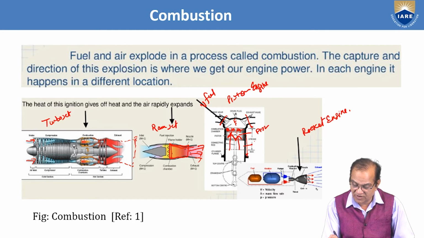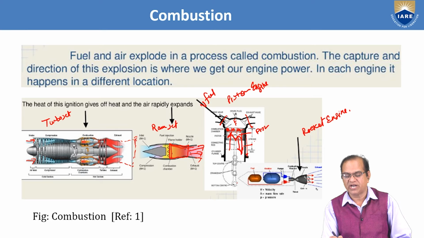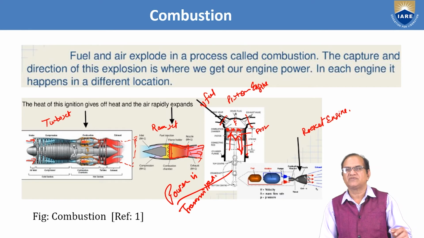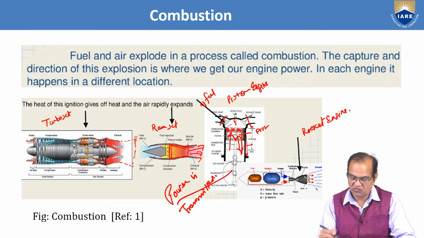This explosion will make this thing move backward, and here the crankshaft is there and it is rotated and power is transmitted from here. So in this way your piston engine is working.